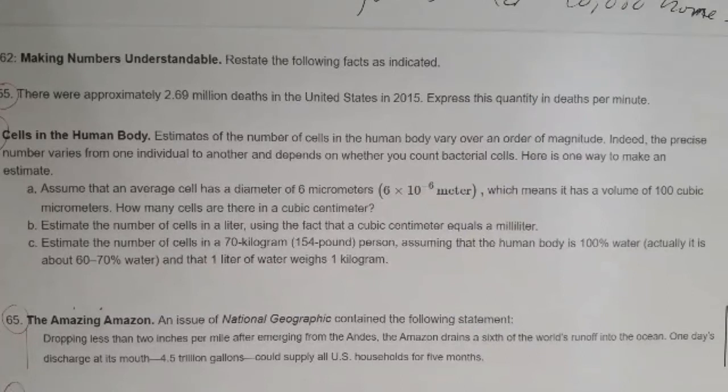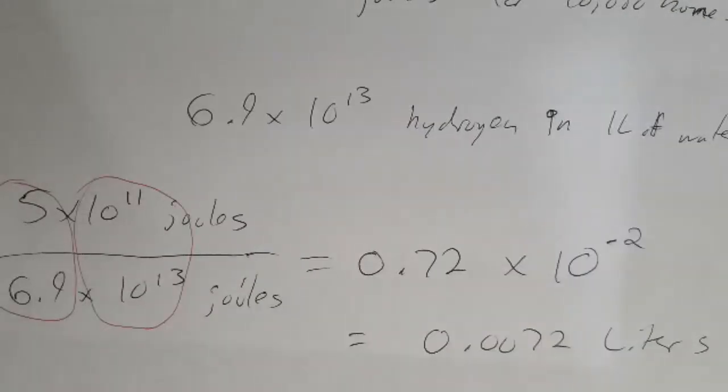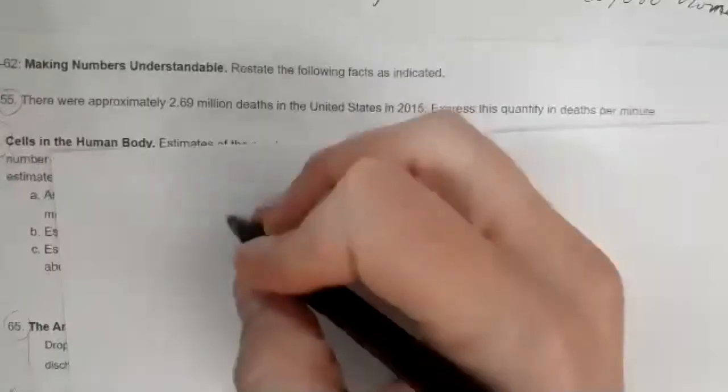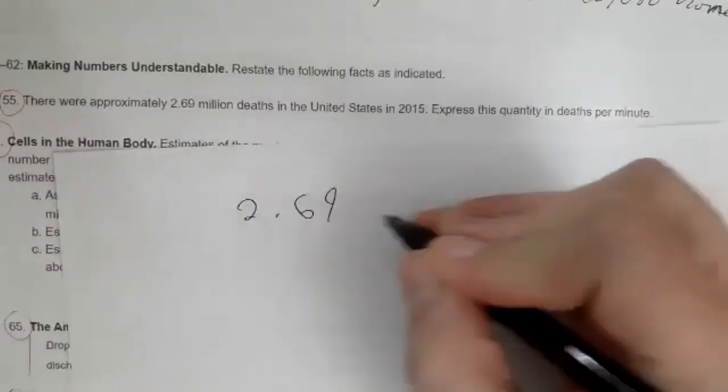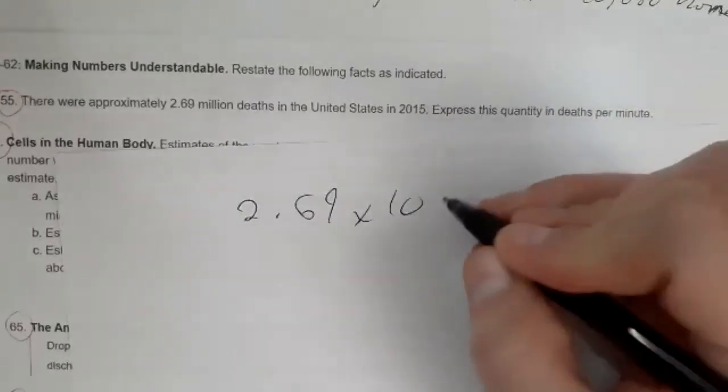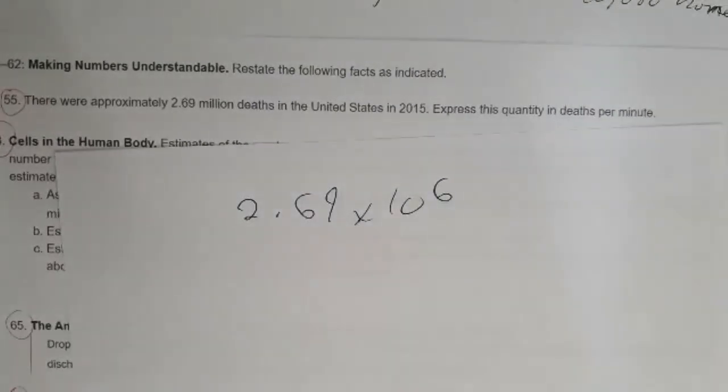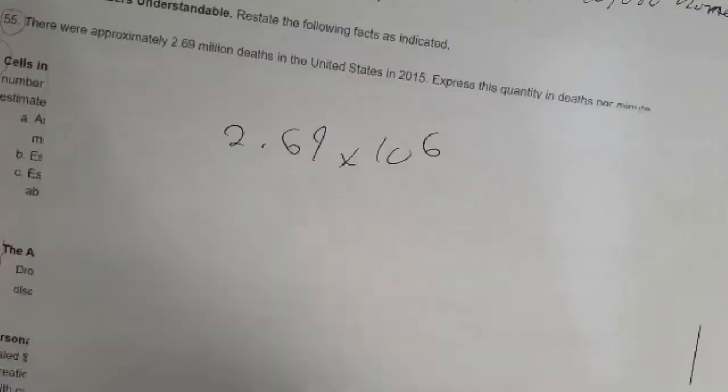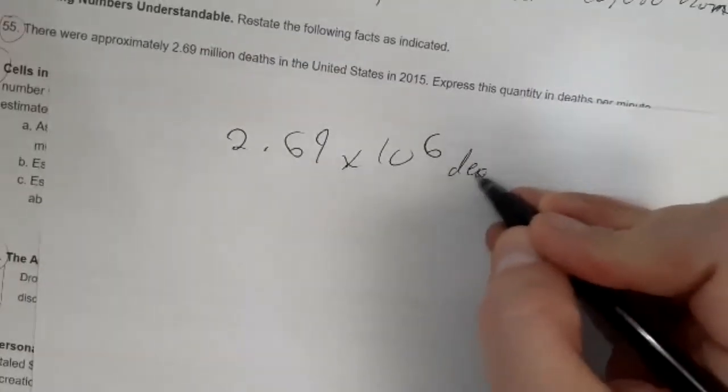There were approximately 2.69 million deaths in the U.S. in 2015, expressed as a quantity in deaths per minute. So in case you didn't think we're going to talk about wonderful things today, 2.69 million deaths per year.